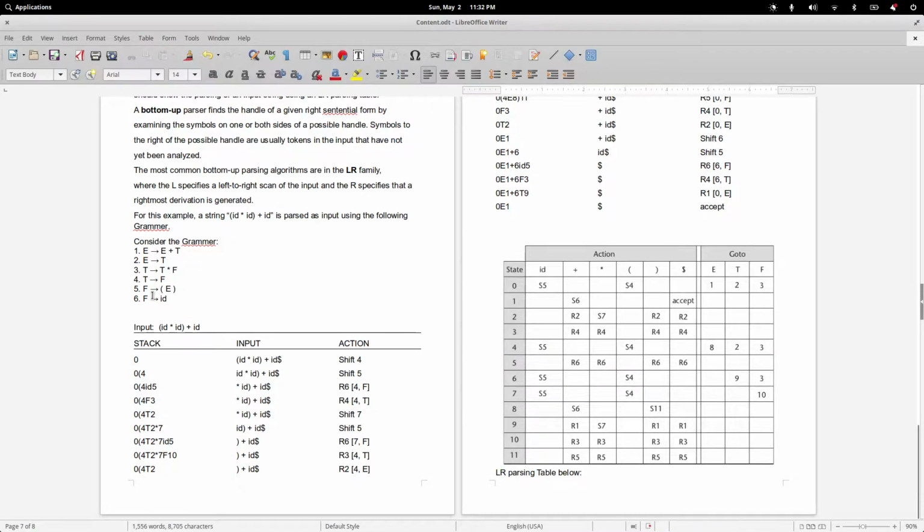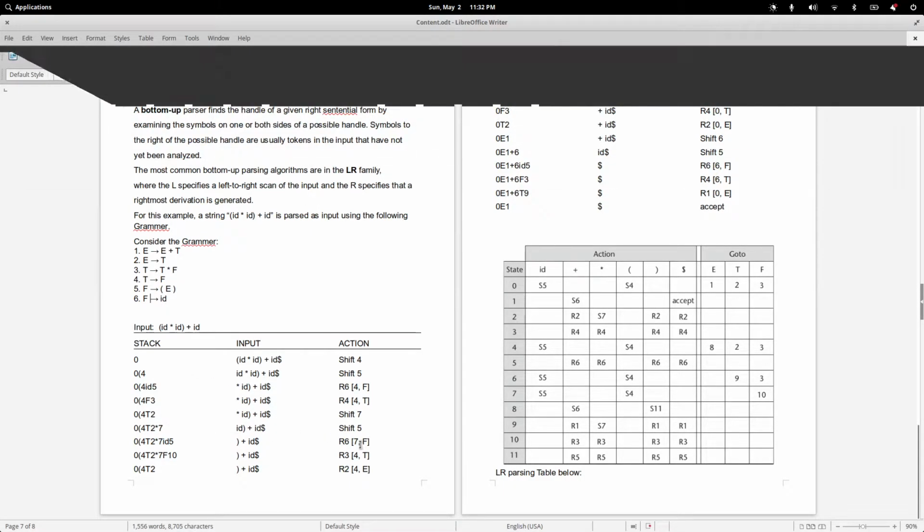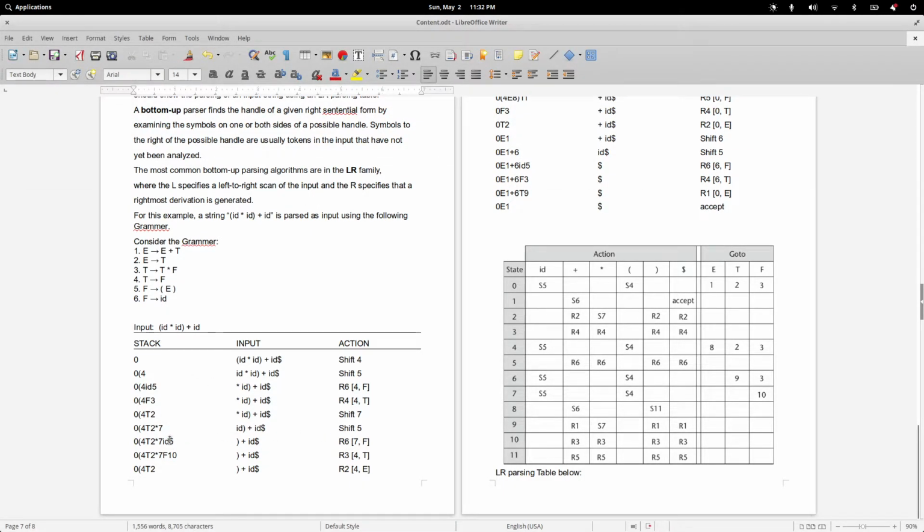So rule 6 says that id becomes F, and so id gets converted to F, and 7 F yields that we go to 10. So we have a cap of 10. 10 closing parenthesis is rule 3.